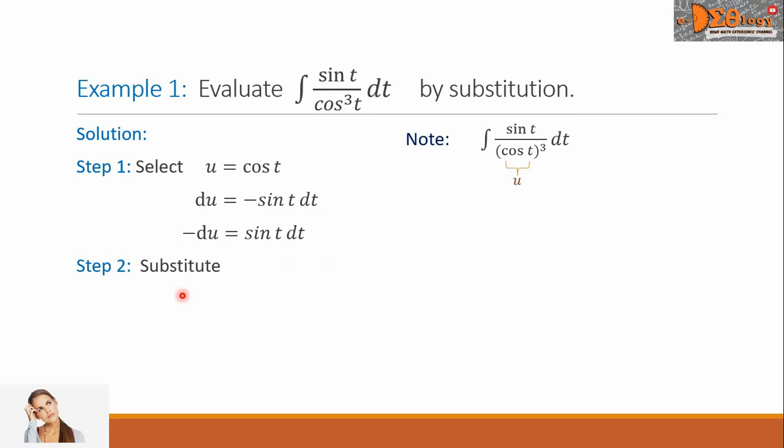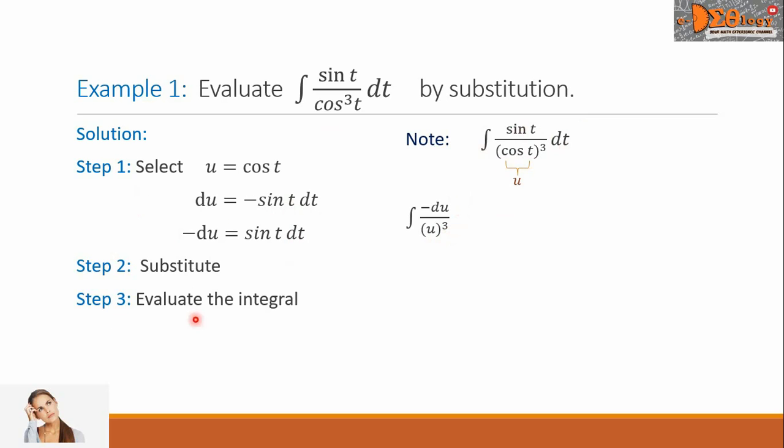Step 2, let us substitute the values of step 1 to our integral. So we have this cosine t to be u, and we can see the power 3. And in our numerator, the sine t dt is now replaced by negative du.